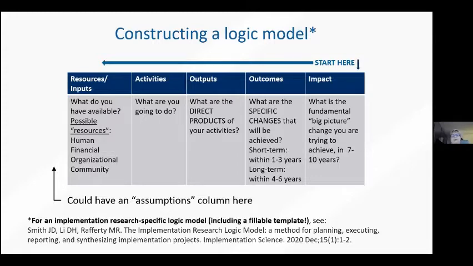So am I starting with lots of different human resources, financial resources, organizational resources? For example, you have buy-in from the clinics where you're going to do your implementation research. You have a lot of preliminary studies. So that's everything that you start with. And I've seen some logic models that actually build in an assumptions column too, where you start with what are your theoretical and conceptual assumptions that drive your logic model.